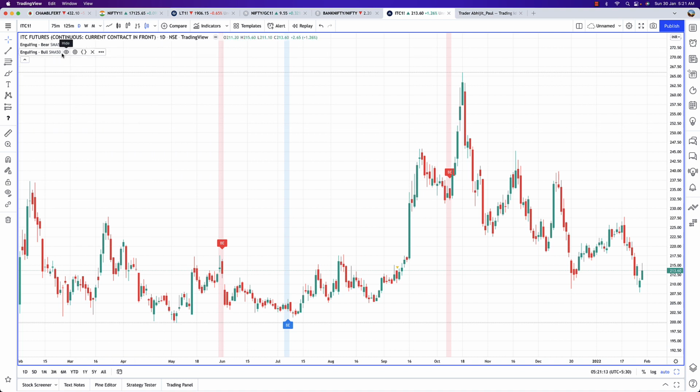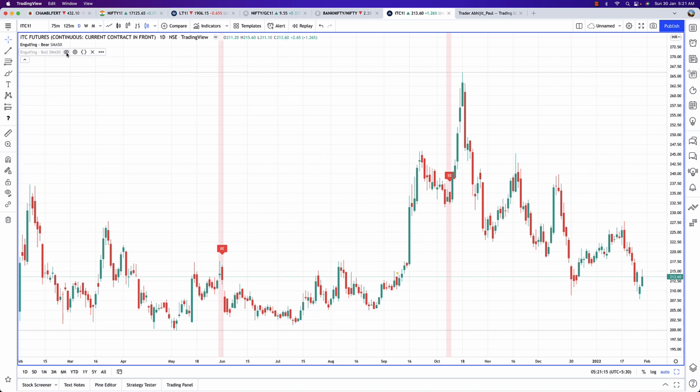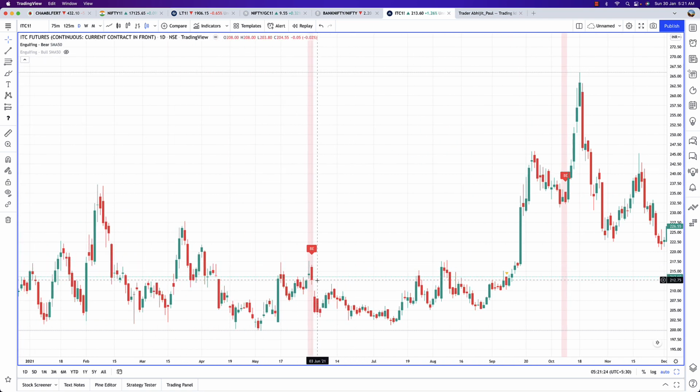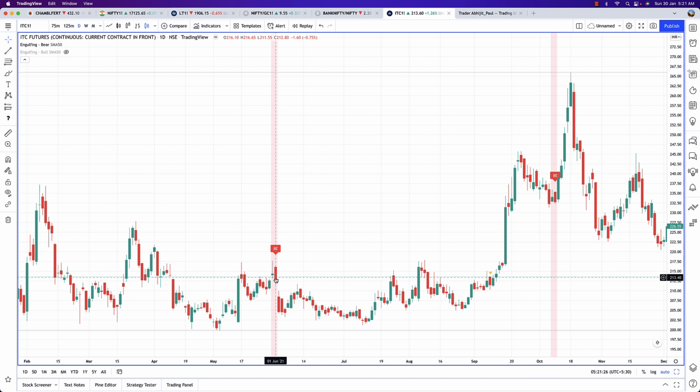Okay. So for the time being, I'm going to hide the bullish. I'm going to focus on these two bearish engulfing results. So what do we have here? We have a red bodied candlestick. The body of the red candlestick is completely engulfing the green body, which is the previous one, and there was a short-term rally before that, and even before that there was a decent sized rally.